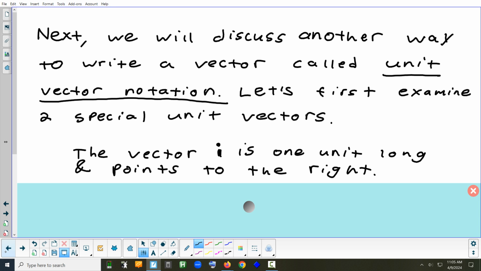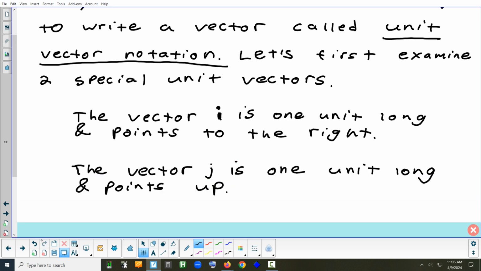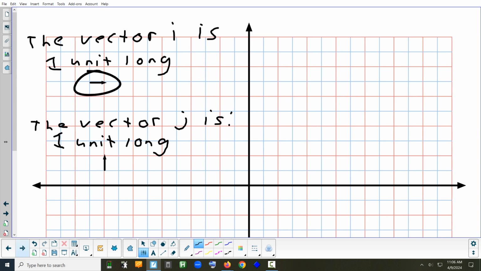So if you want to name a vector, pick a name besides I, and pick a name besides J. J is always defined to be a vector that's 1 unit long and points up. J cannot mean anything else. Okay, here's a picture of what J looks like. It's 1 unit long, and it points up.